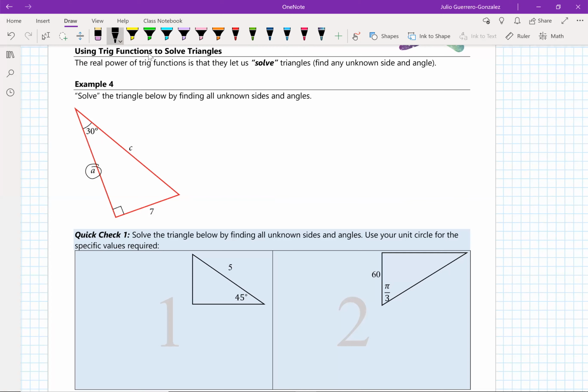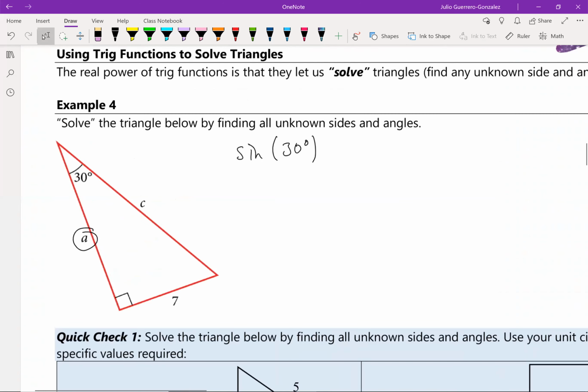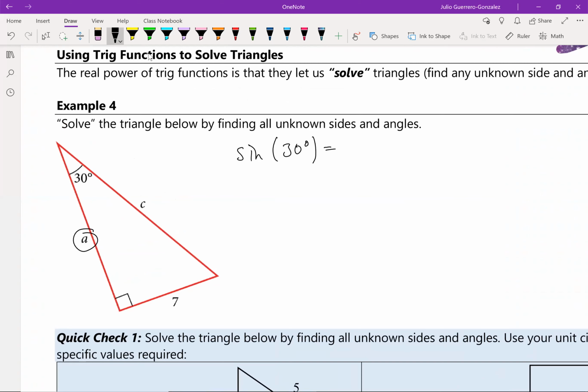Okay, so then tangent of 30 degrees is opposite over adjacent. So 7 divided by A. We do our little voodoo math and we get A is equal to 7 divided by tangent of 30 degrees.